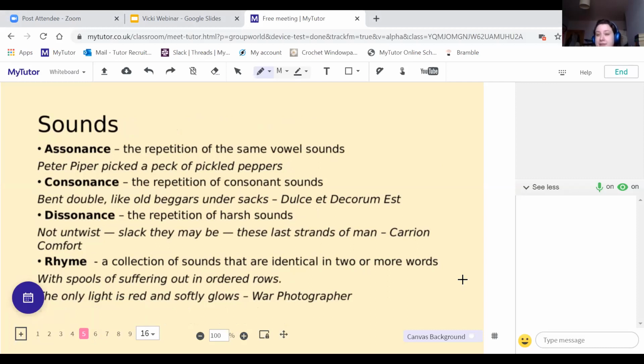So if you impede the airflow, you will get a harsh sound. So p and b are probably the most obvious ones for dissonance, but I've chosen twist and slack. So with the t and the l sound, you still impede the airflow. It's just done in a slightly different place in your mouth.